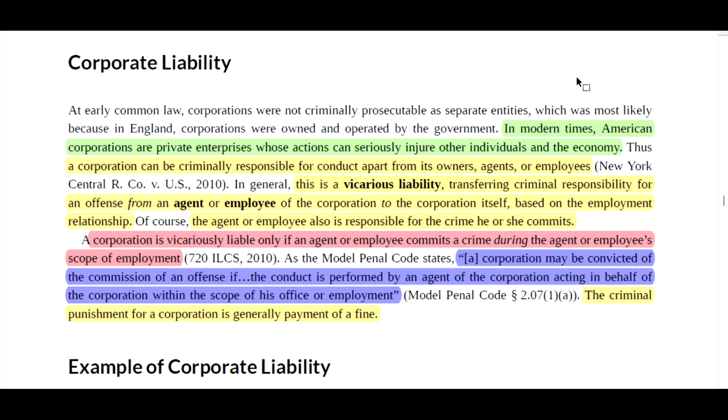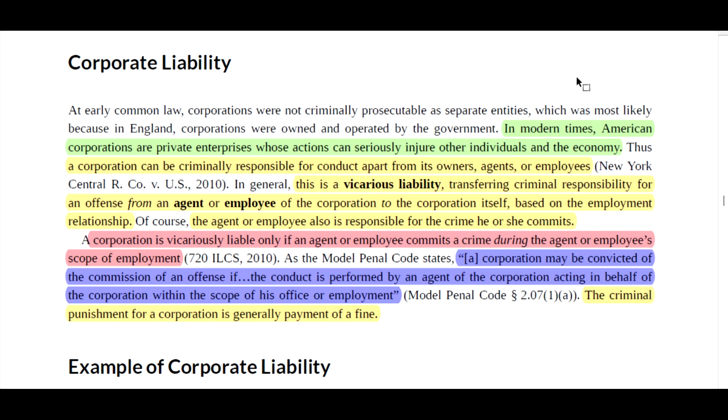So vicarious liability transfers criminal responsibility for an offense from an agent or an employee of the corporation to the corporation itself based on the employment relationship. Of course, the agent or employee is also responsible for the crimes they commit. This means that just because you work at a corporation and commit a criminal act, the corporation is not the only one that takes the fall. No, you get in trouble too.